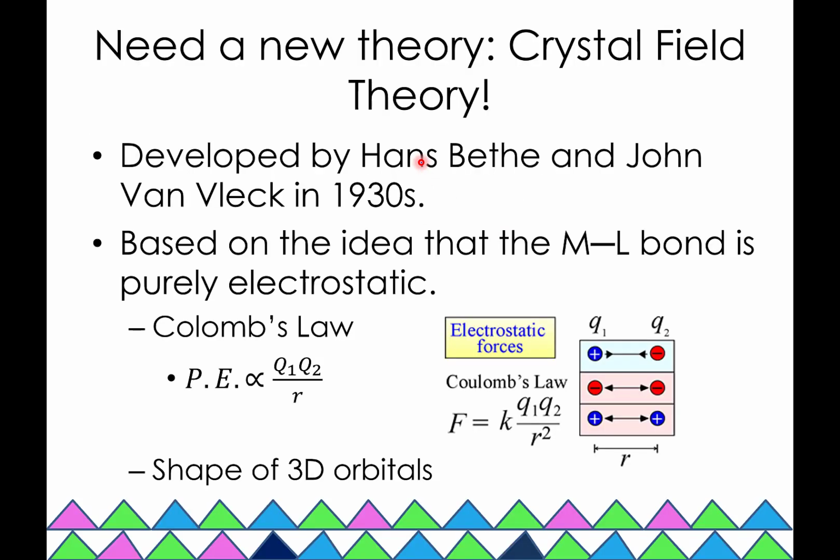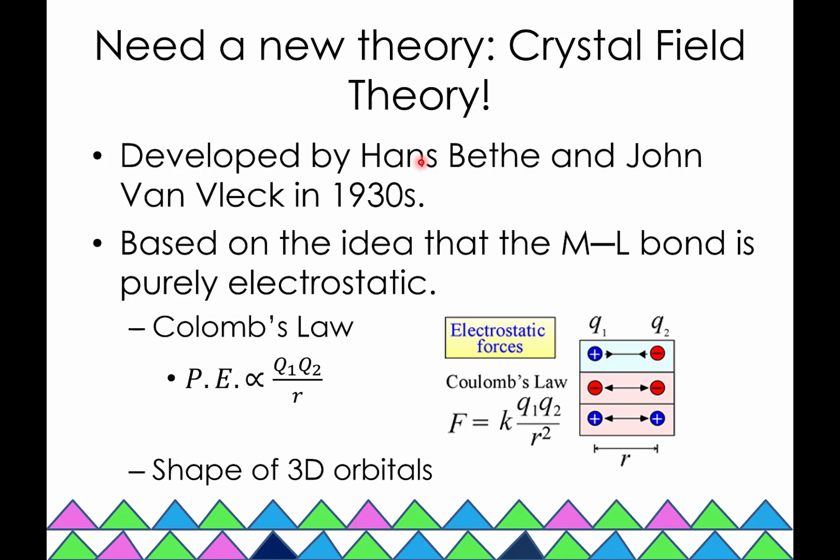So we need a new theory, partially because molecular orbital theory is really great, but it's challenging when we're dealing with these really big molecules. Crystal field theory is a new model that we're going to be talking about, new to you, I should say, because it was developed in the 1930s.